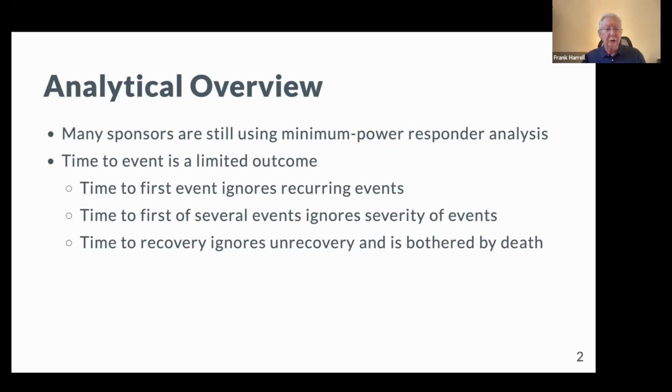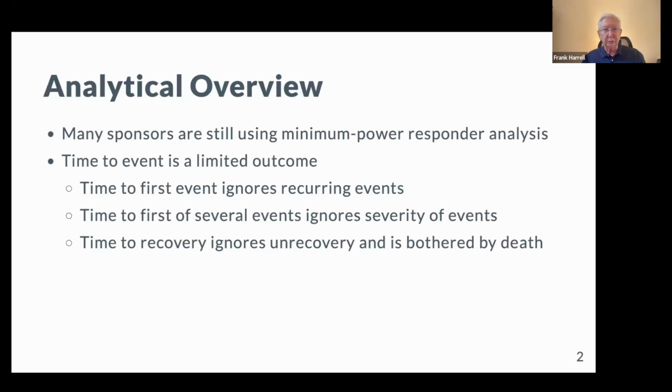But if you have an event such as hospitalization or a recurrent need for rescue therapy, you're ignoring recurring events by just looking at the time until the first event. You're also ignoring the severity of event if you're calculating the time until the first of several events. So in the field I've worked in, more cardiovascular, it's very common to have major adverse cardiac events, which includes cardiovascular death, hospitalization for heart failure, myocardial infarction, and so on.